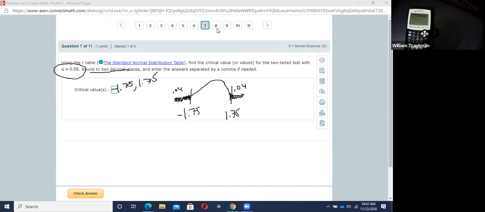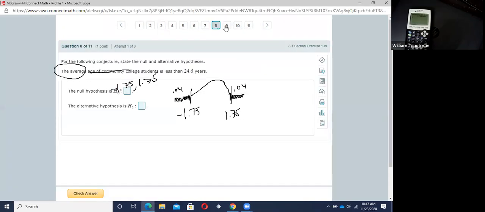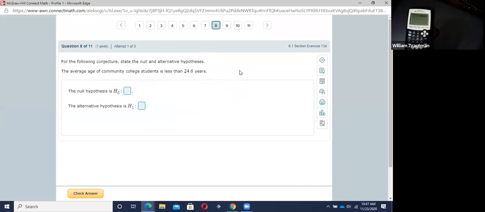Let's see what else we have. Okay, this one, we have to fill this in. Remember, there are only 3 possibilities. H0, the average equals, and H1, the average does not equal.